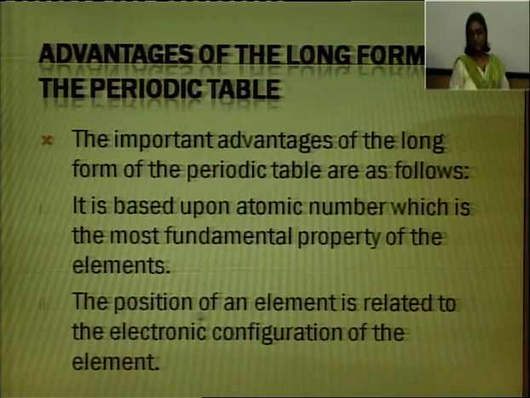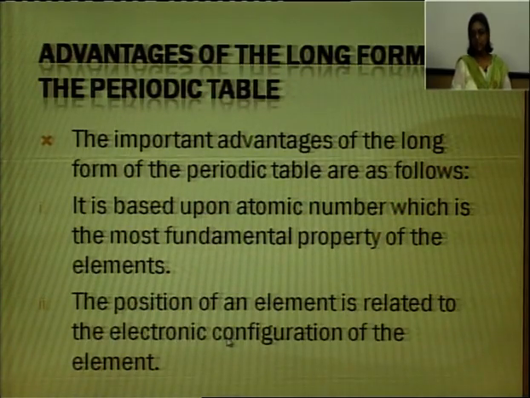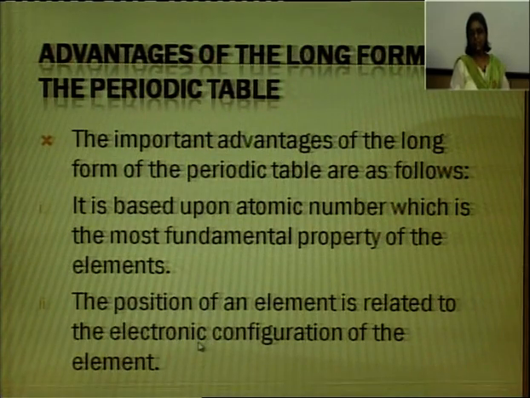Then the position of an element is related to its electronic configuration. Now, in the electronic configuration we provide the position to the electrons within the atom, and the last valence shell decides the position of the element in the periodic table.